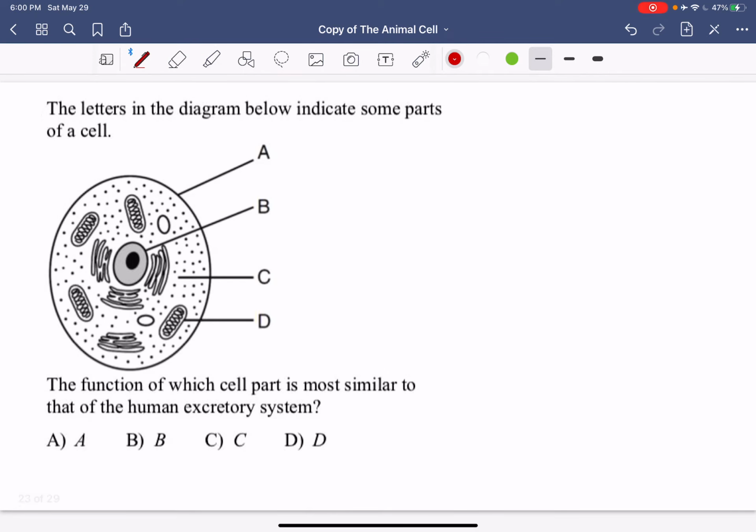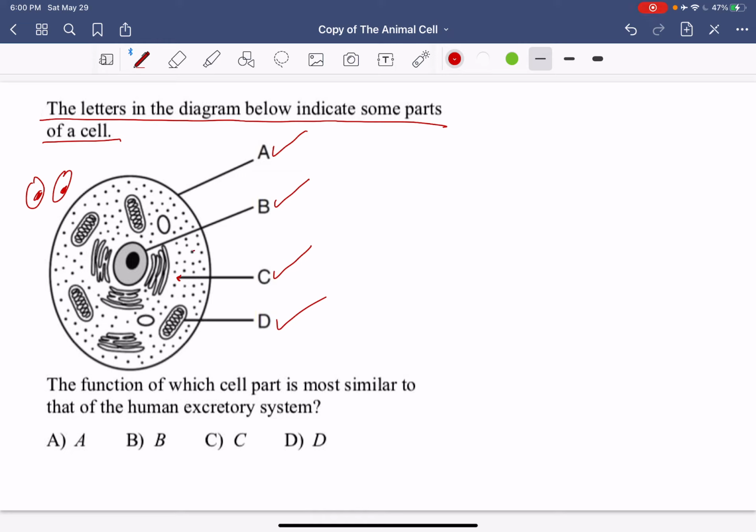Okay. The letters in the diagram below indicate some parts of a cell. It's different from the cell we've been looking at, but it's the same concept. Outermost layer, cell membrane. B is the nucleus. C is the cytoplasm. D is the mitochondria. Now notice that this is pointing to just a random space in between.